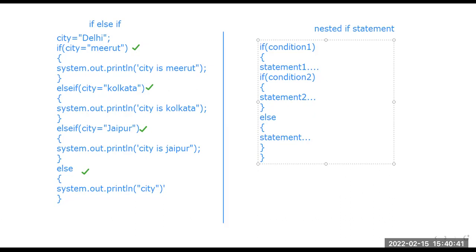So multiple conditions are checked at the same time. If condition one and condition two are checked at the same time, then the nested if will be helpful. This section is very helpful in that scenario. When we check more than one condition at the same time, this if else if scenario is very useful.